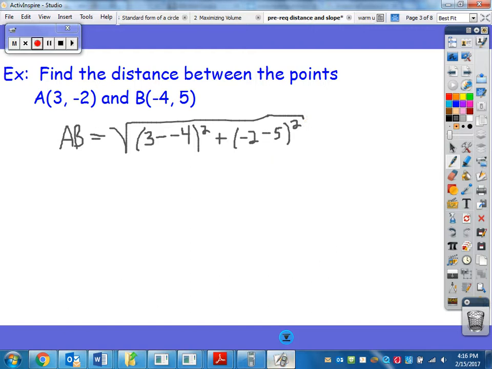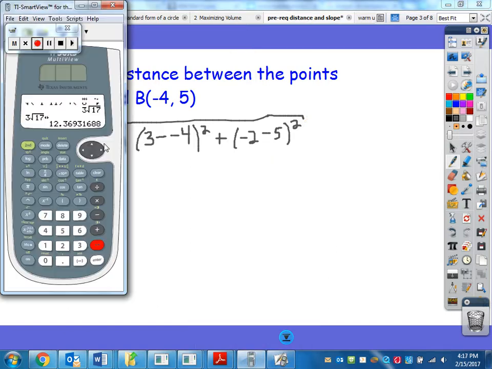Once you get it plugged in, the next easiest thing to do is to just punch it into your calculator. So we're going to put in the square root, parentheses 3 minus -4, and then we'll close our parentheses squared, and then plus parentheses -2 minus 5, close parentheses squared. And I left off a parenthesis. Let's go back and add that in.